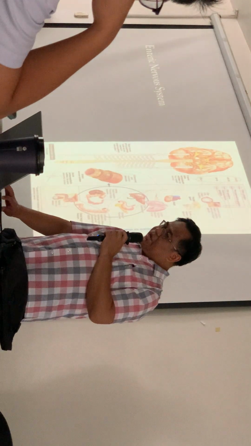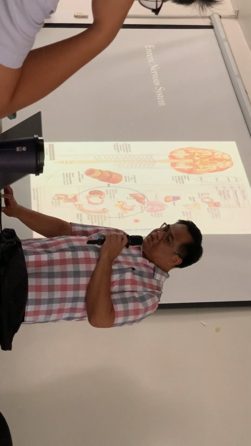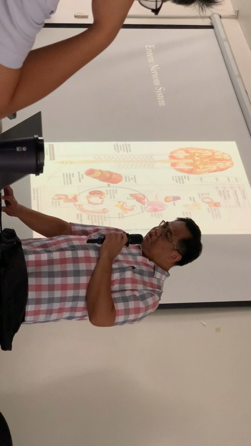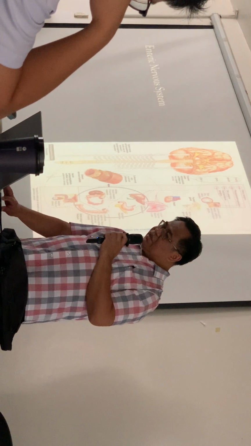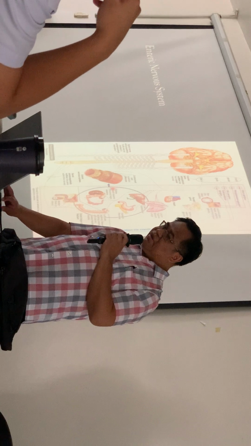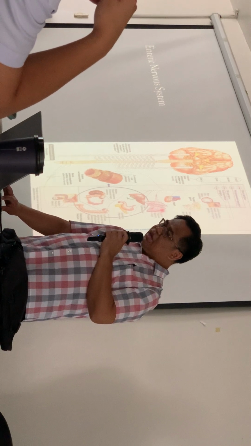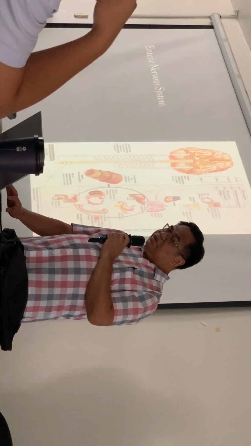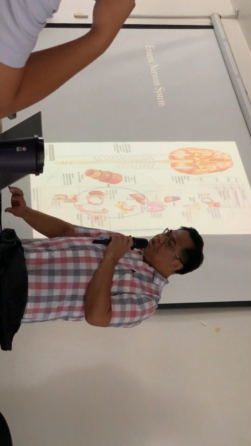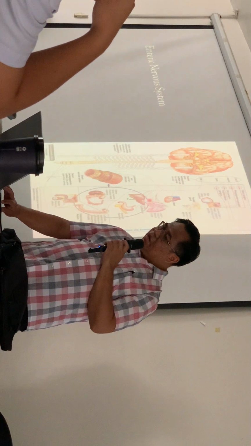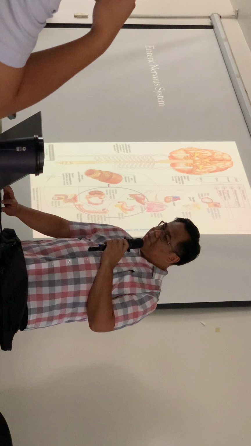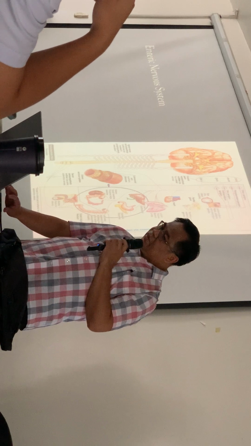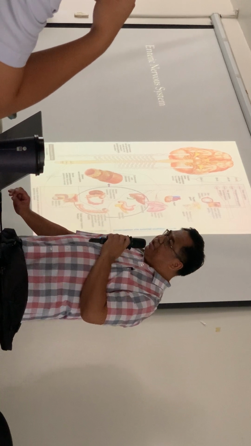A part of the autonomic nervous system going into the GI tract is called the enteric nervous system. Again, it is not under conscious control. It will work even without us thinking about digesting food. So that's the enteric nervous system.